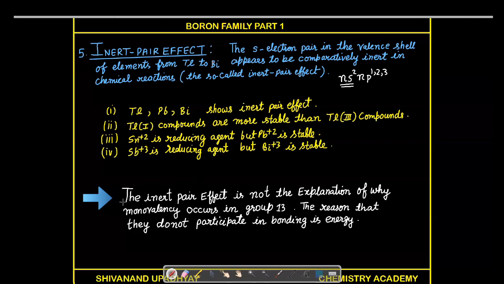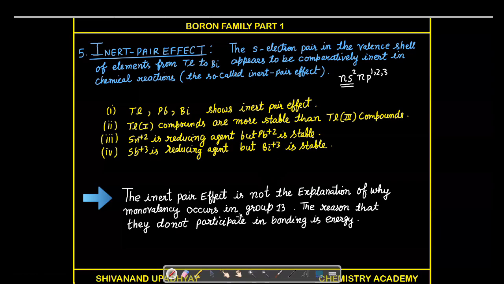Now, this is given in JD Lee, and this is very important. You can understand this very logically. The inert pair effect is not the explanation. With the inert pair effect we are saying that the ns electrons are inert and not participating in reactions. So we are just saying what is happening, but it is not the explanation of why monovalency occurs in group 13, why thallium exists in +1 and not in +3.